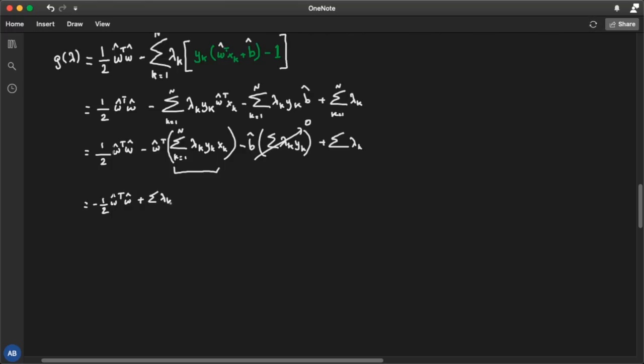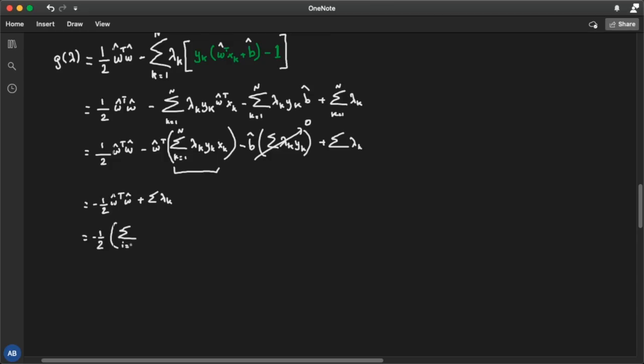Well, now, since my problem is to maximize g of lambda with respect to lambda, I have to express my w hat again in terms of lambda. So I'm going to have two summations. Since I have two summations, it's better to express each one in terms of different indices because I'm going to multiply them with each other.